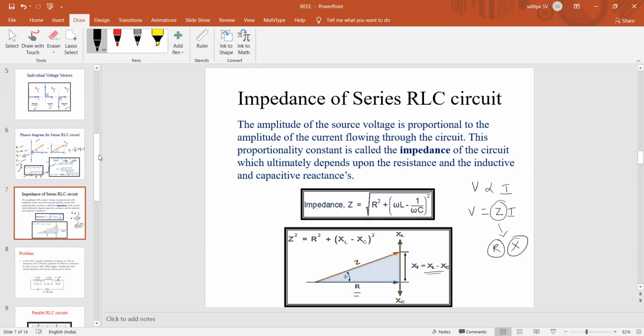Therefore, the hypotenuse becomes your impedance. The units are ohms. Quickly note down the definition of impedance and the value of impedance for the series RLC circuit.